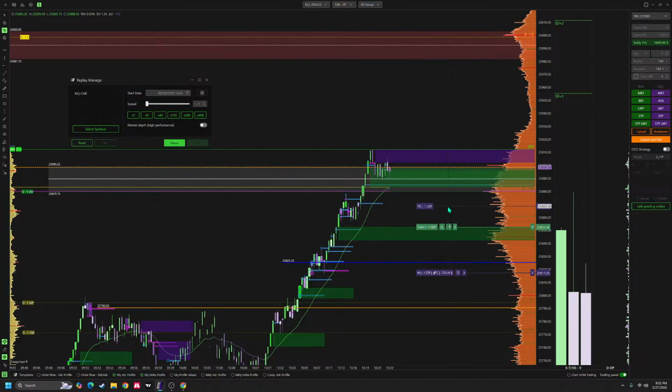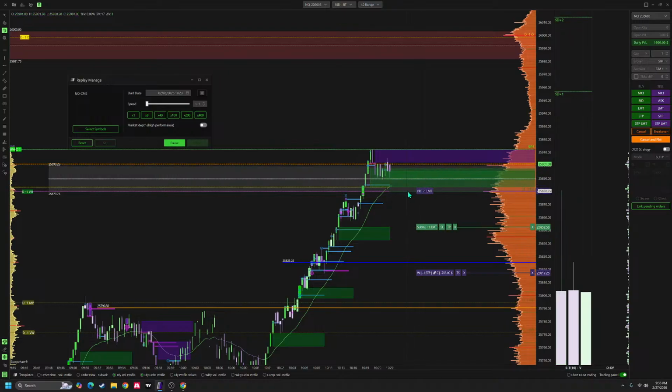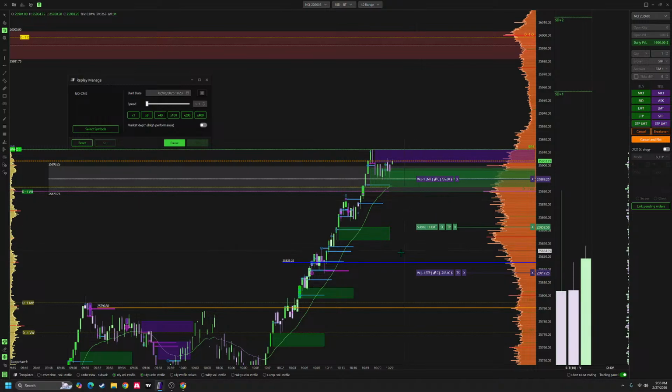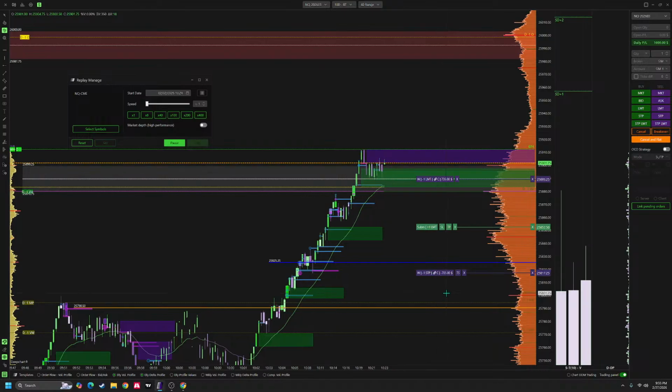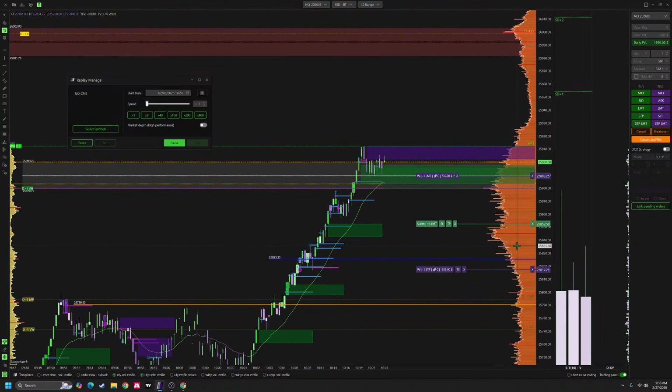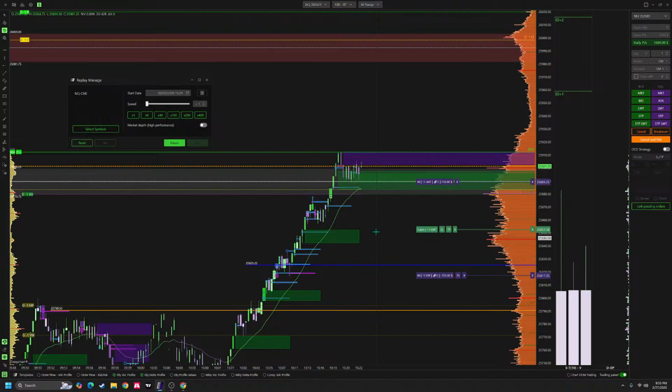And then our take profit's going to be all the way back up, probably to the point of control VWAP or higher. So if we break this zone back down to the bottom and break below the VWAP and point of control and hold, I would be okay taking a short back down to this blue line as well.